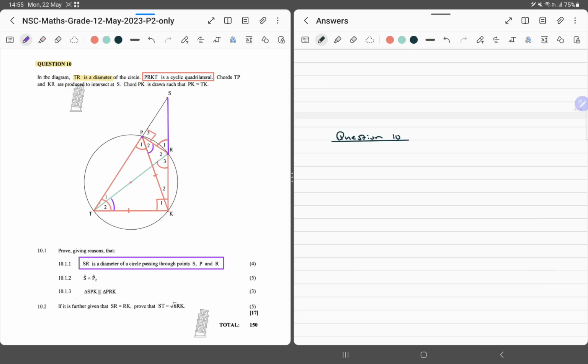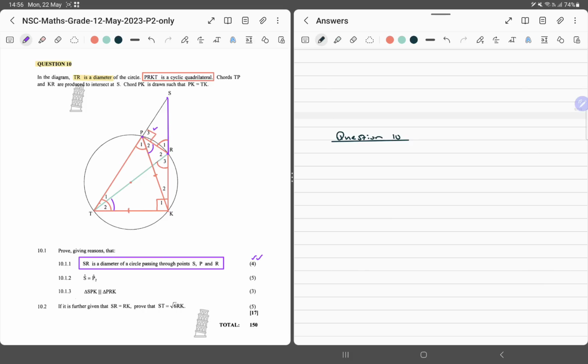And indeed, because this is 90 degrees from an exterior angle of a cyclic quad. So if SR subtends 90 degrees at the circumference, seeing that those points are on the circumference. So it's very simple. This is an easy 4 marks. When you do a bit of justice to yourself by working on the diagram, you become good.